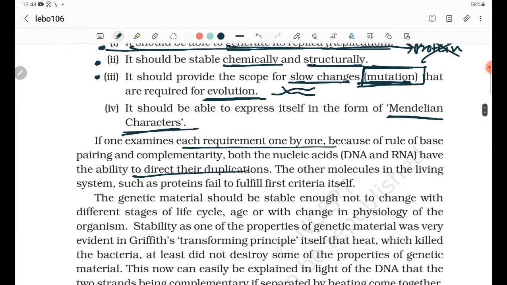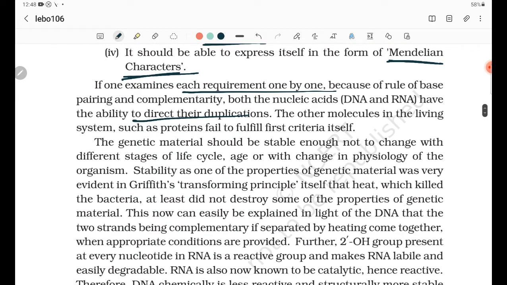Okay, now the genetic material should be stable enough not to change with different stages of the life cycle, age, or with change in physiology of the organism. So stability is one of the properties of genetic material that was evident in Griffith's transforming principle. See, stability is very important.